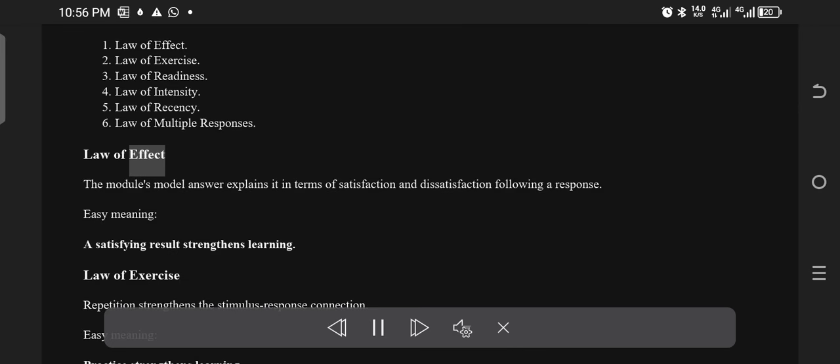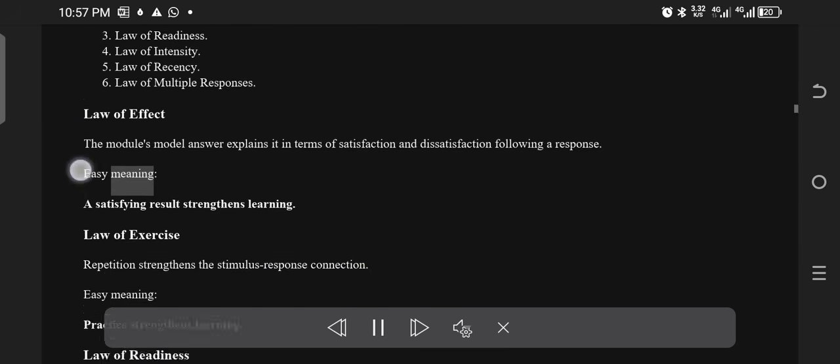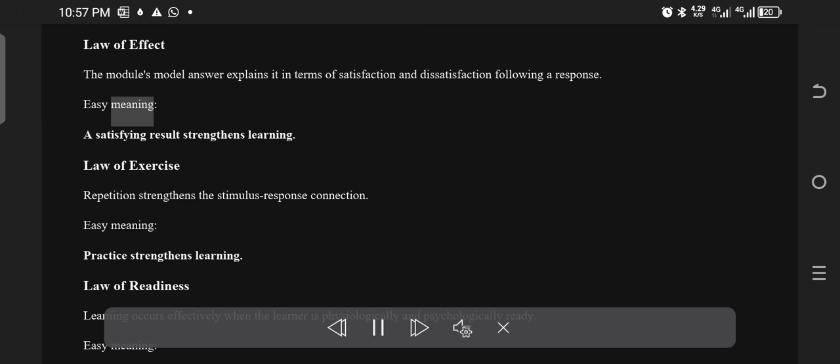Law of effect. The module's model answer explains it in terms of satisfaction and dissatisfaction following a response. Easy meaning.